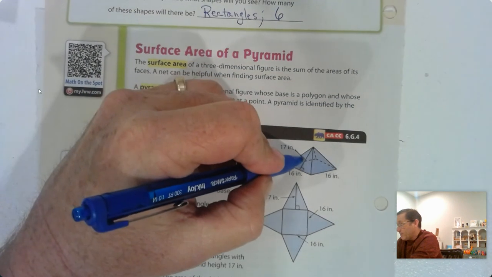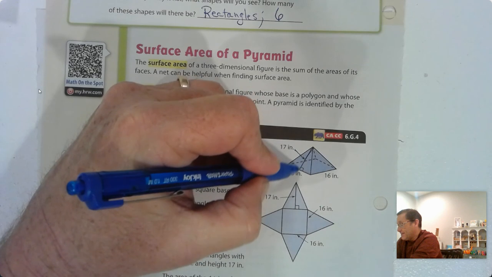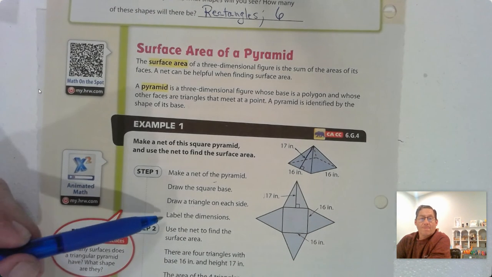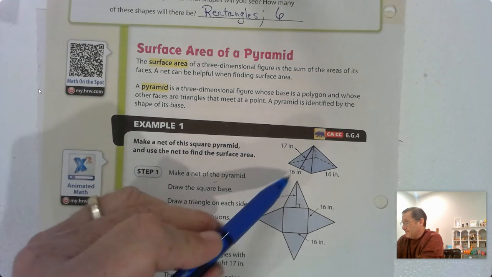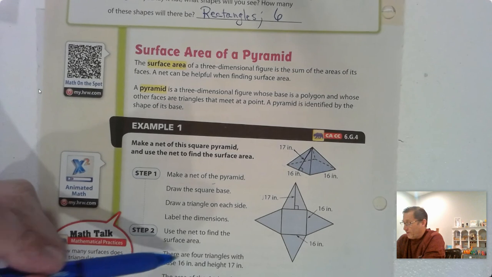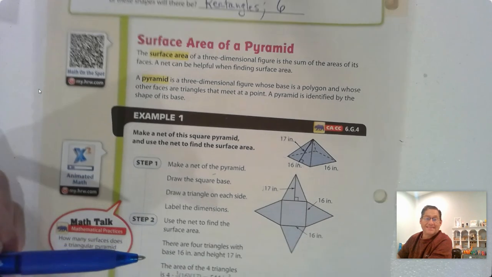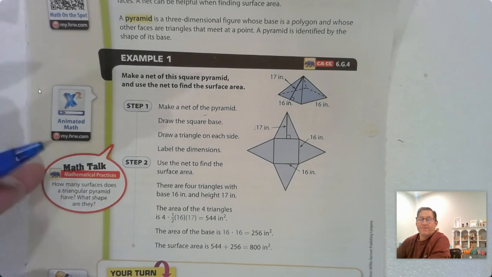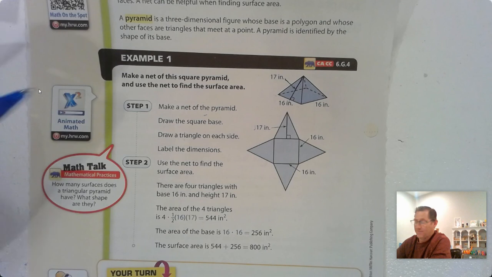So this arrow here is pointing to the height. This is the base of the triangle. So there are 4 triangles with a base of 16 and a height of 17. Well, how do we find the area of a triangle? 1/2 the base times the height.